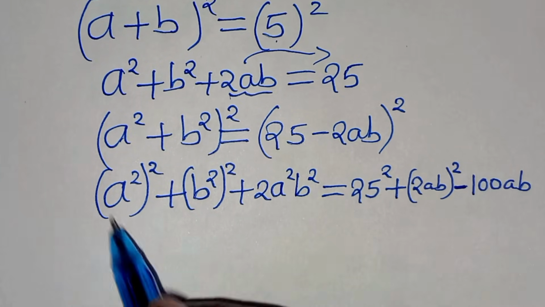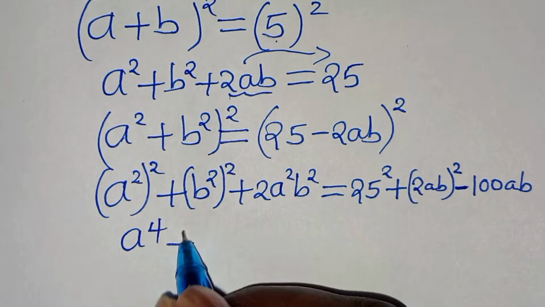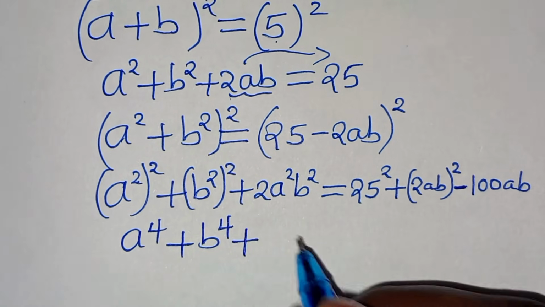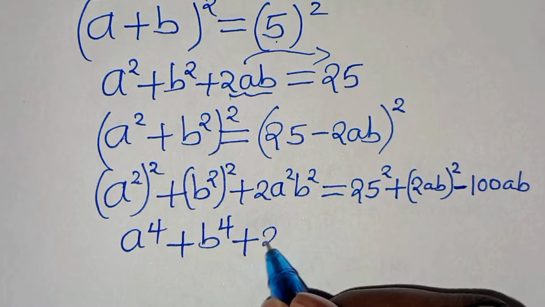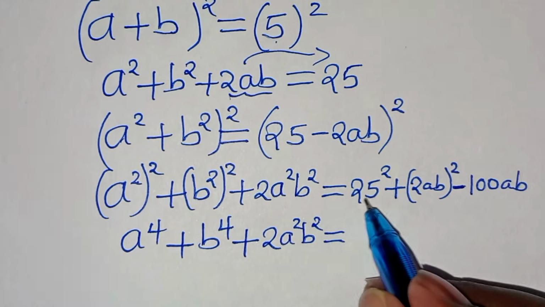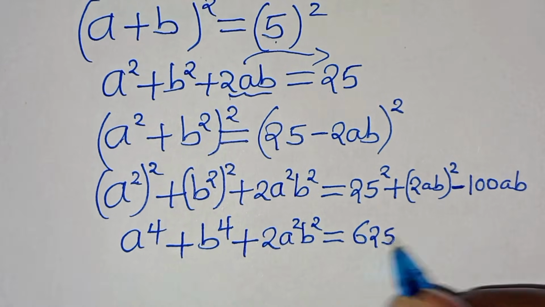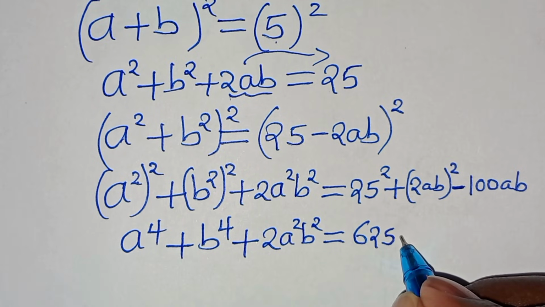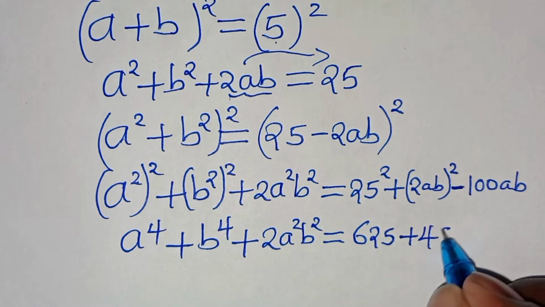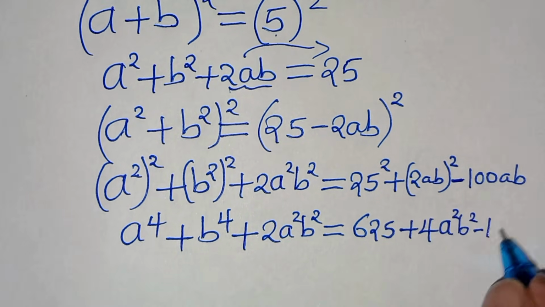So now, a to the power of 2 to the power of 2 is a to the power of 4, plus b to the power of 4, then plus 2a squared b squared. This is equal to 25 squared, which is 625. Then this is the same thing as plus 4a squared b squared, then subtract 100ab.